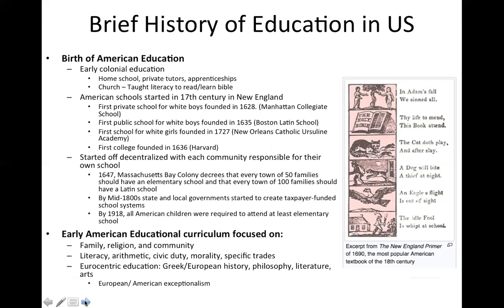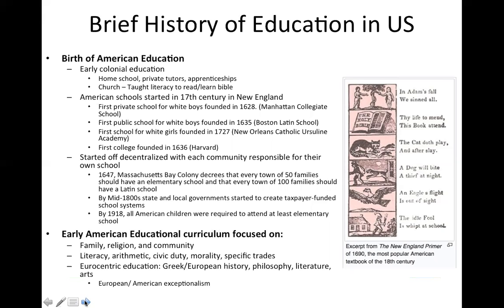But the early colonial education, if there was education, which I would say the vast majority of people were not educated at that point, or were just given the basic education to understand their job, from farming to domestic work and things like that. If there was education, it was almost always done at home.